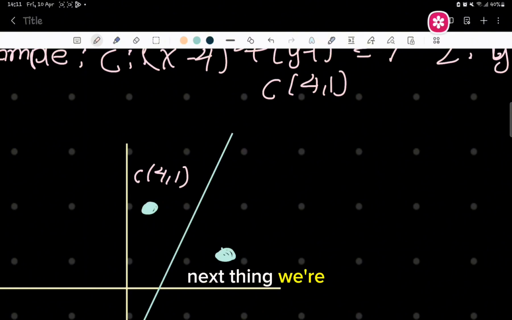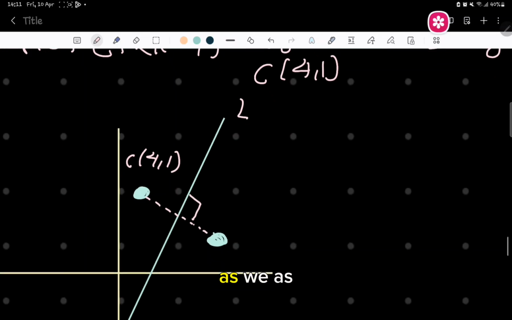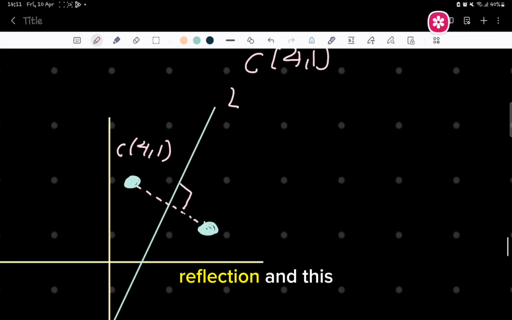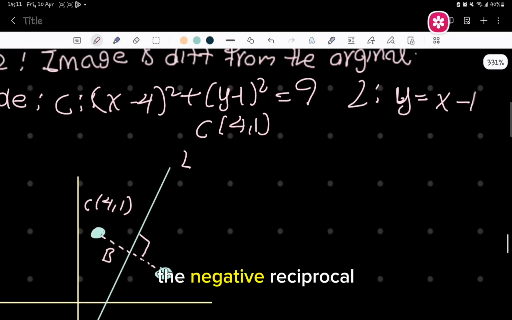The next thing we're going to do is draw a broken line, like I showed you in the last video, but I'm going to go through it again. A broken line like this. As you see, this broken line is perpendicular to the line of reflection. So the line of reflection and this line, which we'll call B, have slopes that are the negative reciprocal of each other.